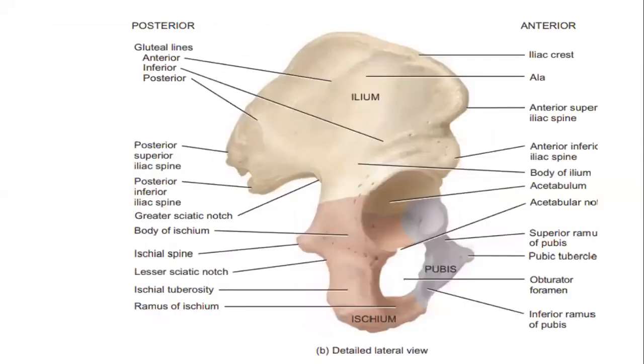This is the lateral detailed view, and we can also identify the structures. We have the inferior ramus of the pubis, the obturator foramen, the pubic tubercle, the superior ramus of the pubis, and its contribution as well to the acetabulum, the acetabular fossa.